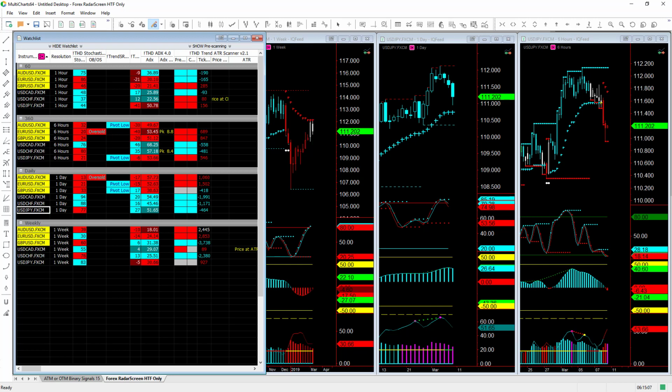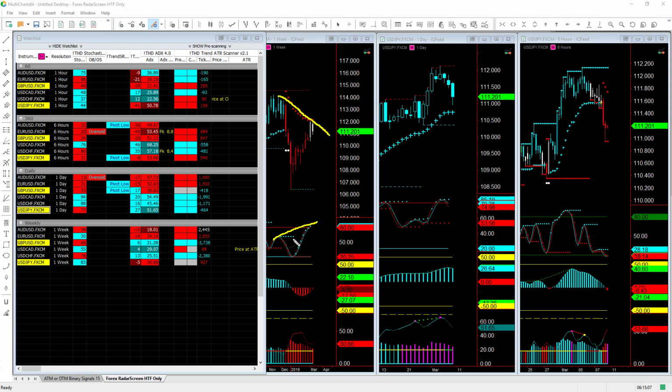Now I go one step further and say, okay, we have just made a new high. If this remains bearish, okay, so if I connect these, you can see that this is potentially hidden divergence. That means we potentially will have a big down move coming in on the USD JPY.